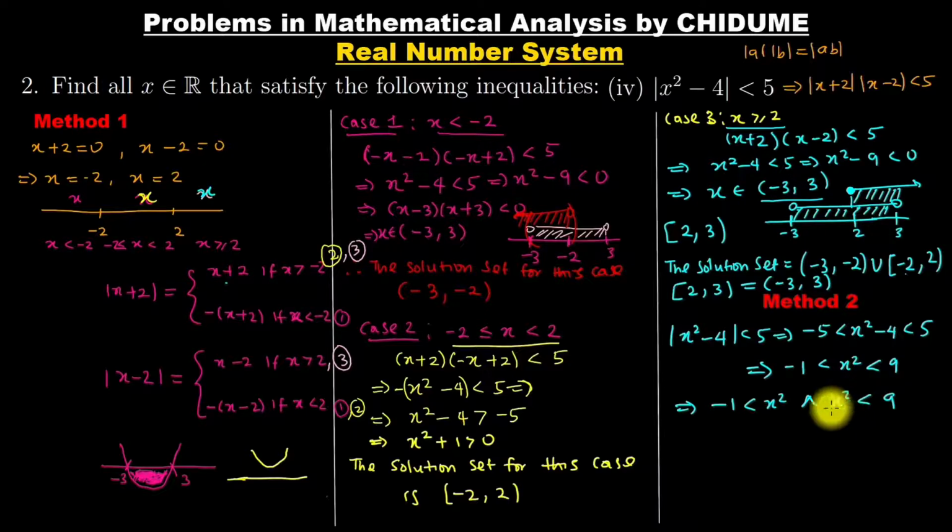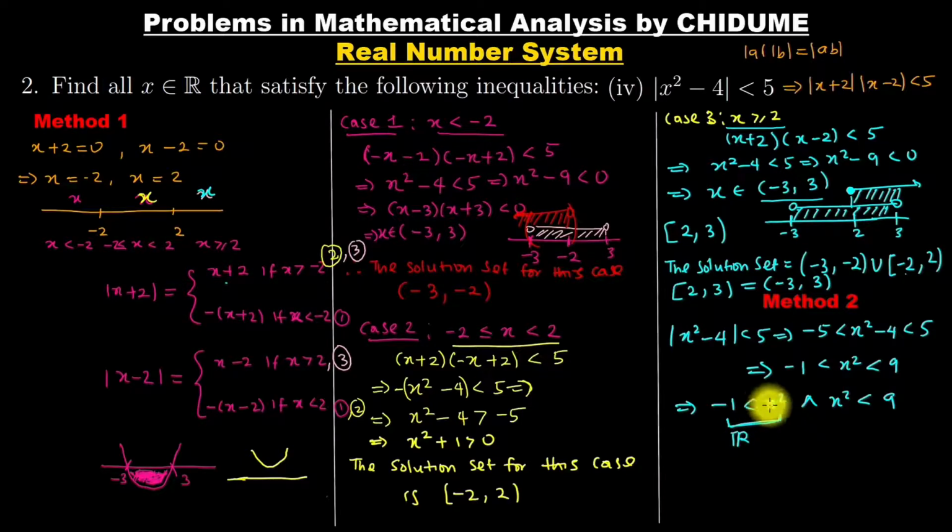Here, negative 1 less than x squared has no real restriction, so the solution to this is just the real line. It will be true for all real values.